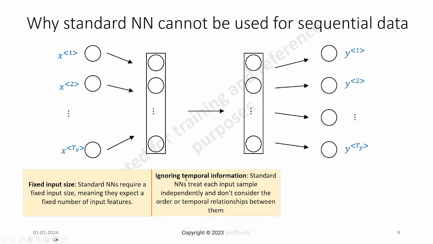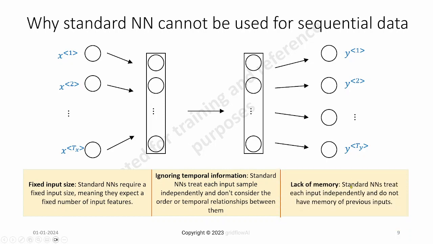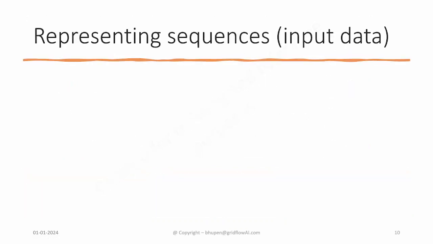And there is no such temporal information or a mechanism to process data in a temporal manner, and hence also the lack of memory in a standard neural net, and that's why we cannot use a neural net for processing sequential data.